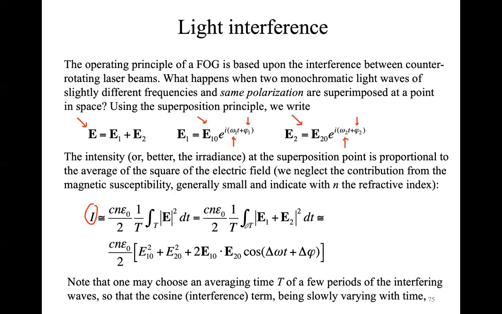So this integral, since we know that the cosine term varies slowly with time with respect to this period T, the intensity will be given by the intensity of the first signal plus the intensity of the second signal, plus the dot product of E1 and E2 and the cosine term of delta omega and delta phi.